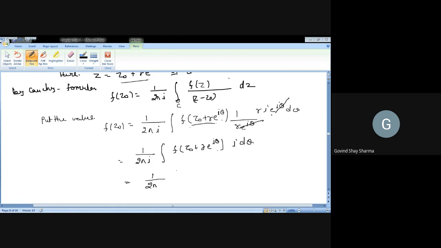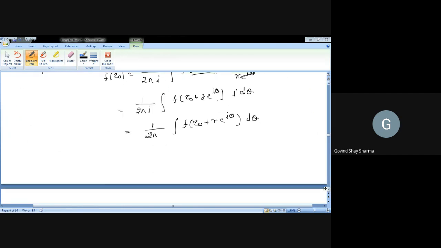So f(z0) is equal to 1 upon 2 pi, integral of f(z0 plus r e to the power i theta) d theta. This is the mean value.